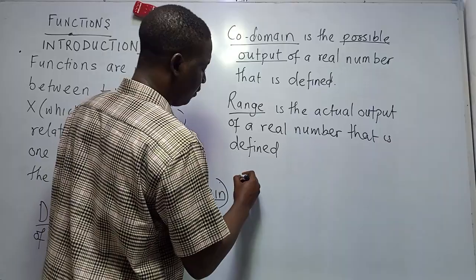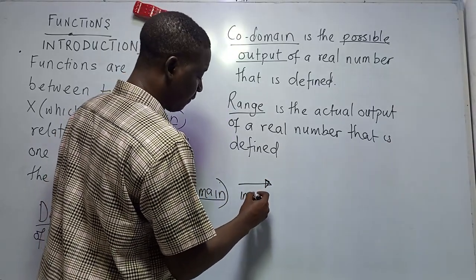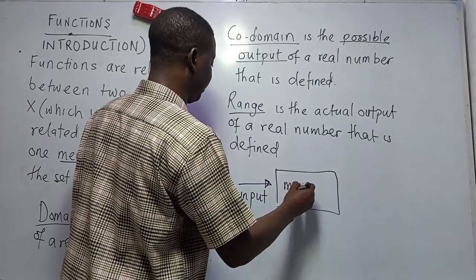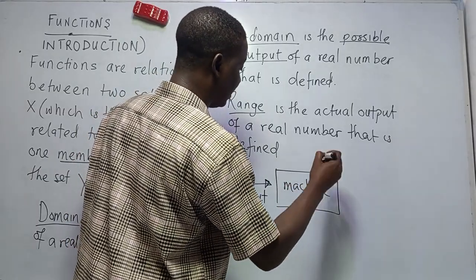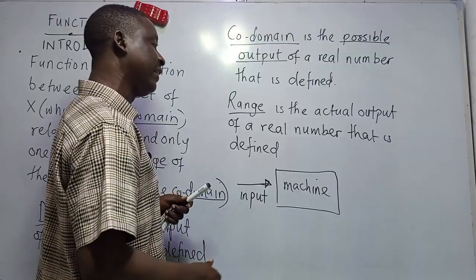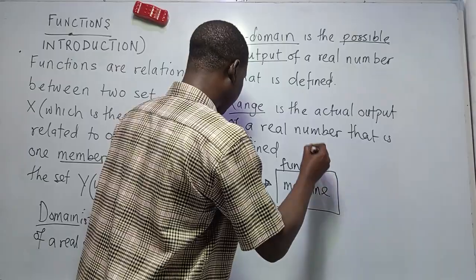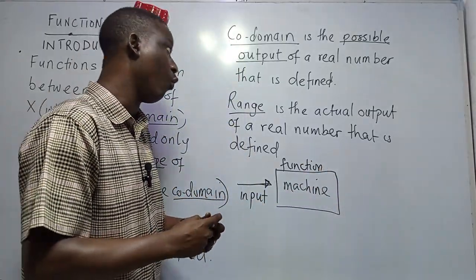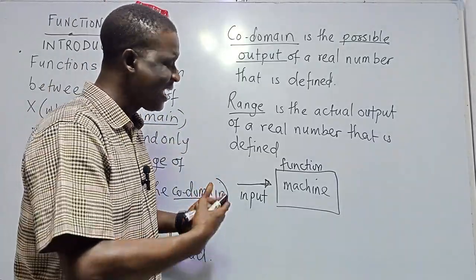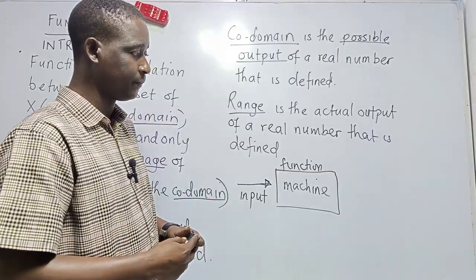Let's say we want to input a value into a computer. Let's say this is a machine, for example. I want us to do an analogy of what is happening in this topic. You want to input something in this machine, and let's say the machine is the function itself. The input is the domain, the actual input.